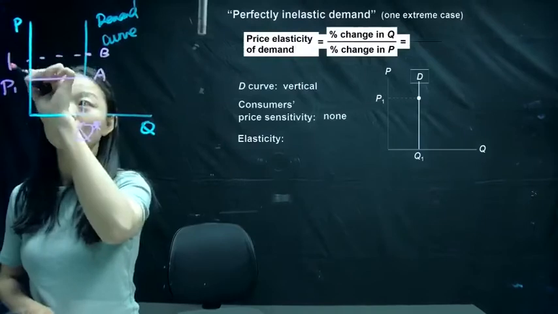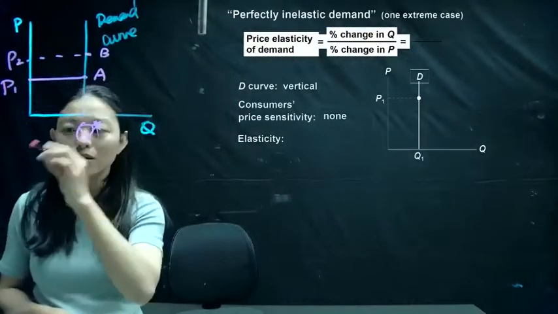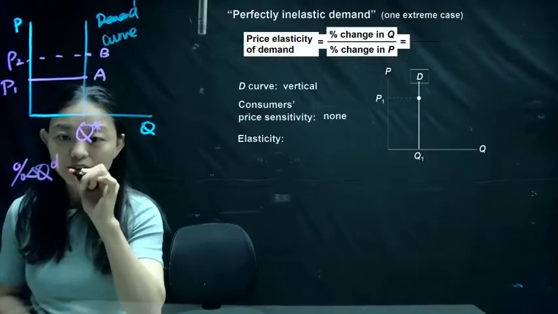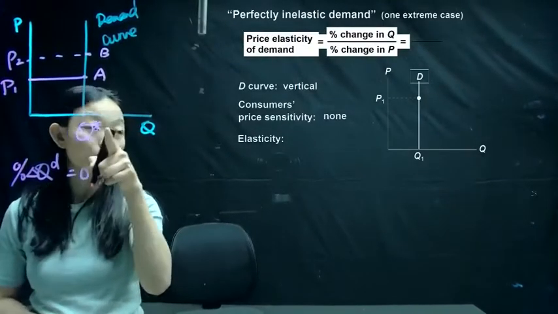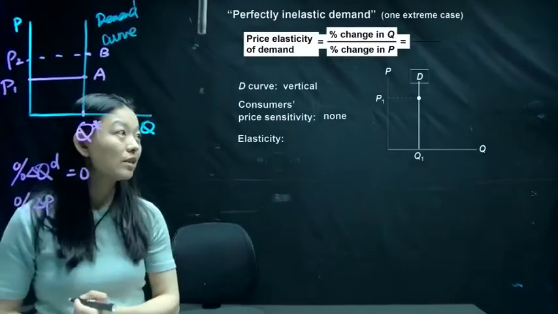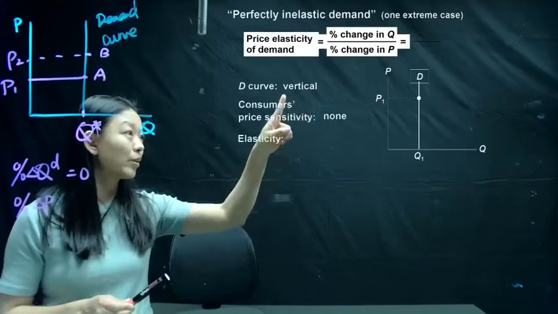at point B, the price is P2, right? And you can notice here, the percentage change in quantity actually equals 0, right? Because the quantity will always be fixed at this Q star. And then we can also compute a percentage change in price, right? And how can we get the elasticity based on that formula, okay?